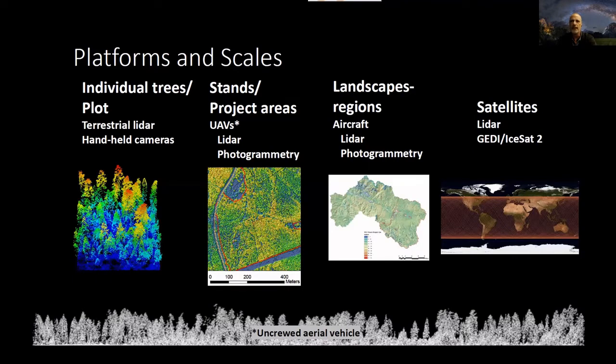For example, the state I'm in, Washington State, has mapped all of its forest structure using data collected with the biennial NAIP program. And then there are satellites. Two of them are currently up, at least civilian that we know of, that use LiDAR. One is GEDI, attached to the International Space Station, and the other is ICESat-2.